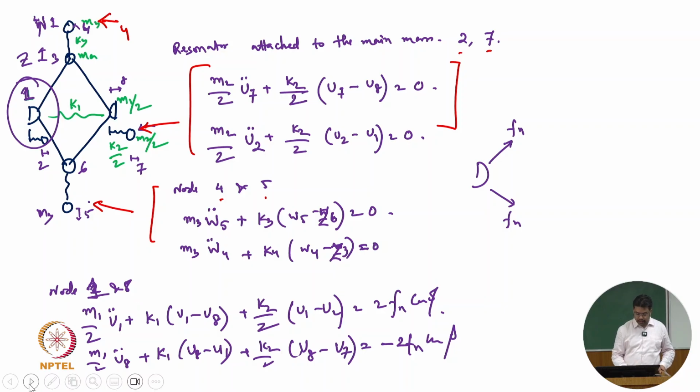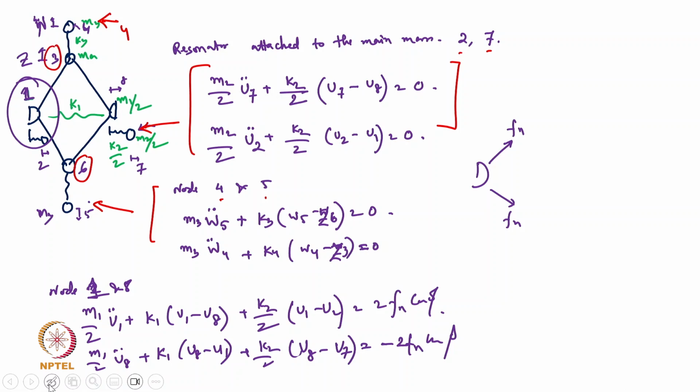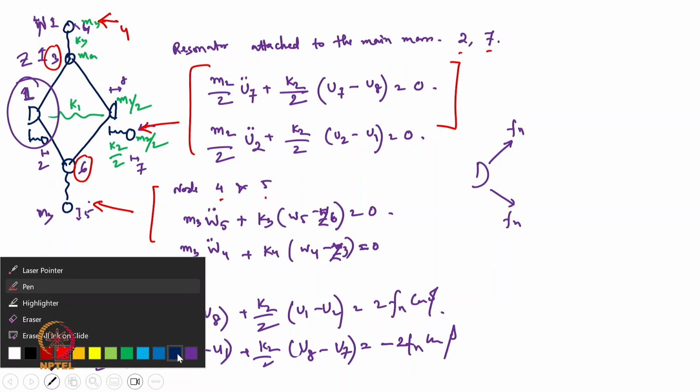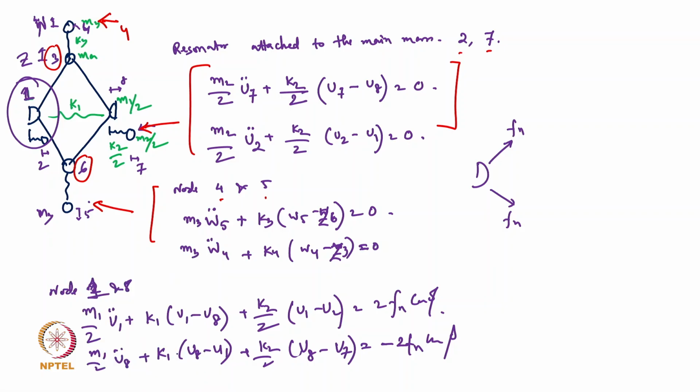Now what is remaining here? The remaining nodes are 6 and 3. If we try to write the equation for node 6 and node 3, then what can we write? Here it will be Fn, so node 3 will be coming here.